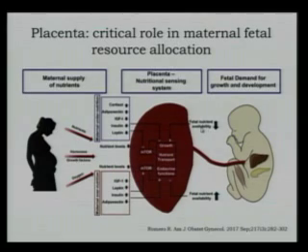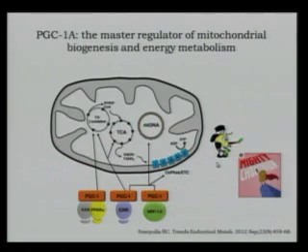When all this happens, you have downregulation of a key sensor in each of the cells called mTOR, which downregulates growth. In the setting of maternal overnutrition, you have upregulation of insulin and IGF-1, and increased availability of nutrients to the fetus. In the process, mTOR is upregulated, leading to larger growth and a large for gestational age baby.